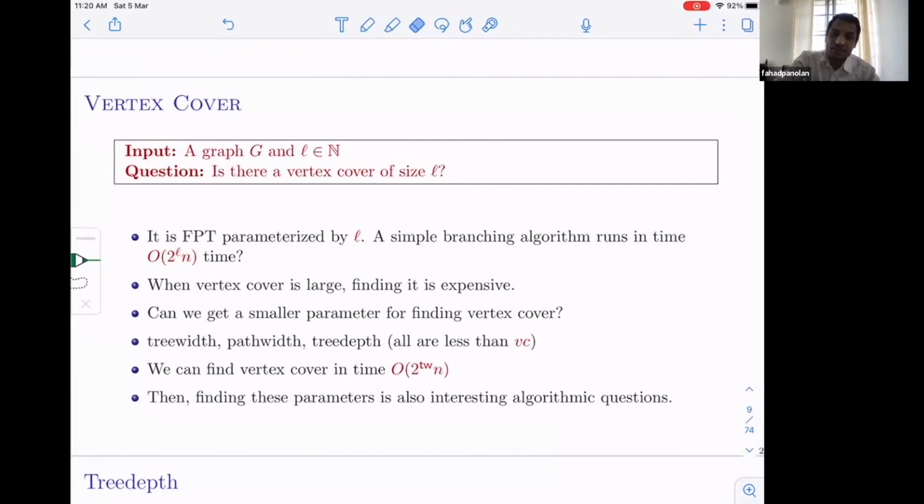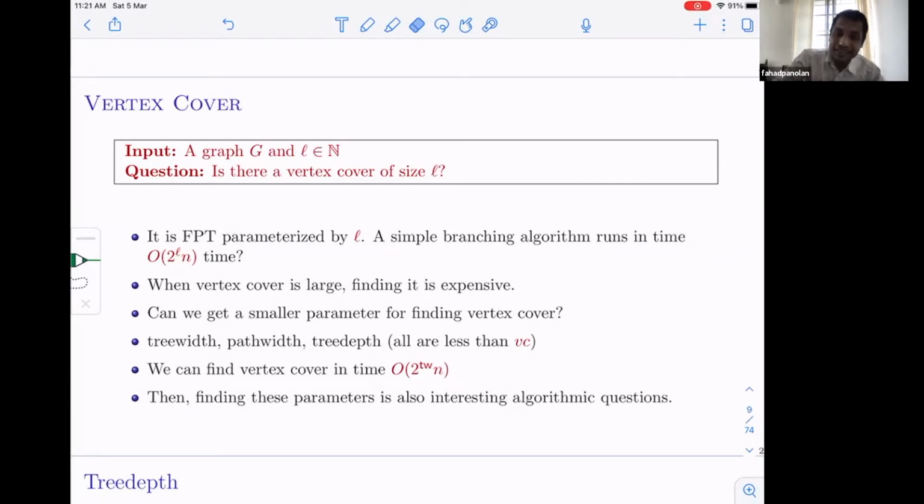In this talk, we will be more interested in tree depth, and the elimination distance will be a generalization of this one. So think about these three problems: vertex cover parameterized by vertex cover number, vertex cover parameterized by tree depth, and tree depth parameterized by tree depth. These are the three problems we get by looking at this deletion version of the problem.